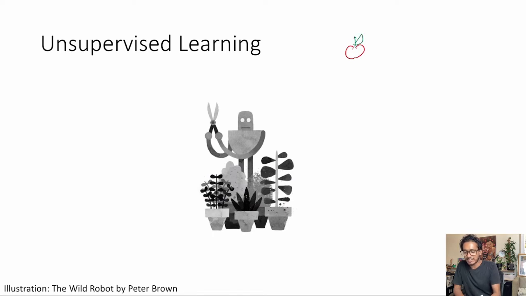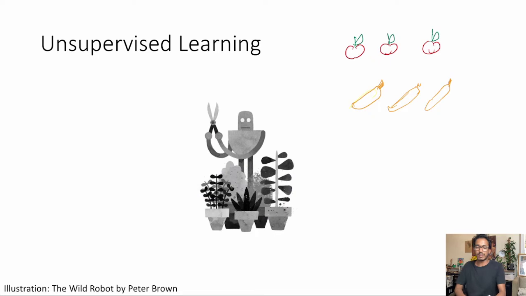Okay, this is an apple, this is an apple, this is again an apple, and then let's say we have bananas. Okay, I might use a different color. Okay, I apologize for my banana drawing skills, but say we have apples and bananas, right? And then we just show this to the computer.